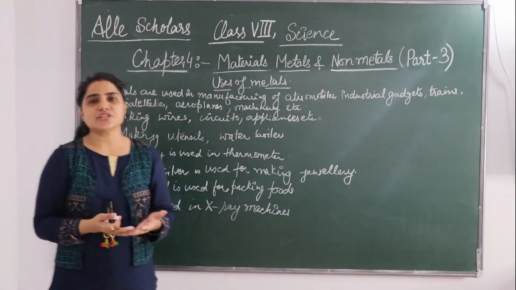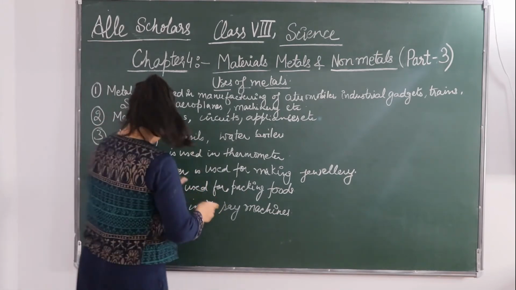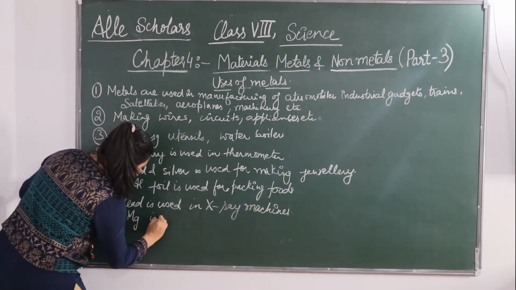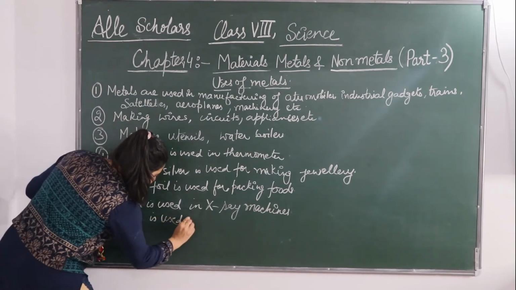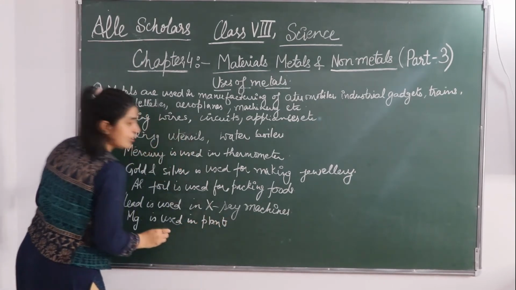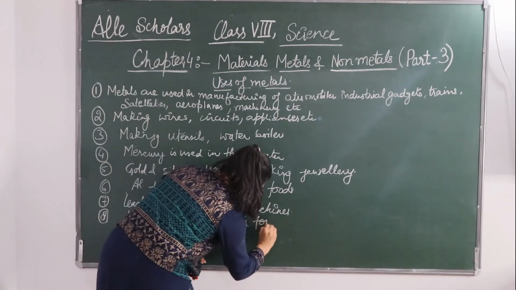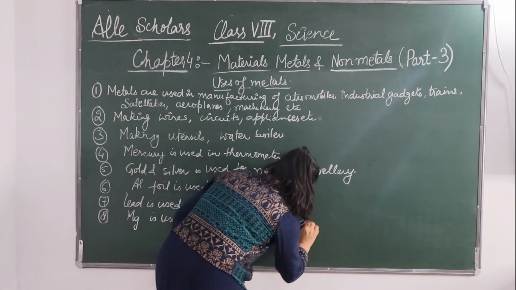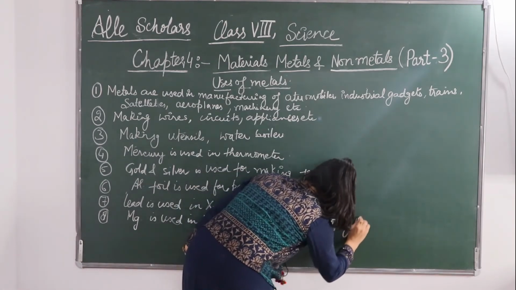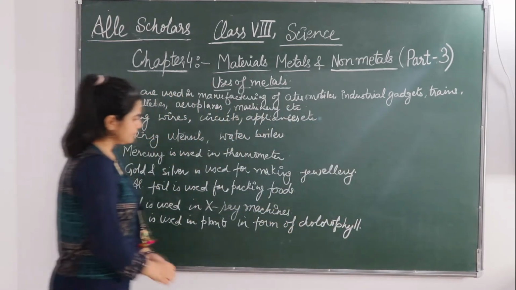Photosynthesis is a very essential phenomenon of a plant. Every plant does photosynthesis. So magnesium, again a metal, is used in plants in the form of chlorophyll. Okay, fine.